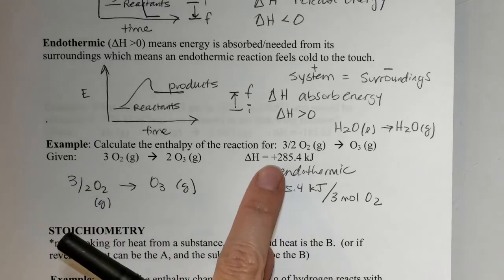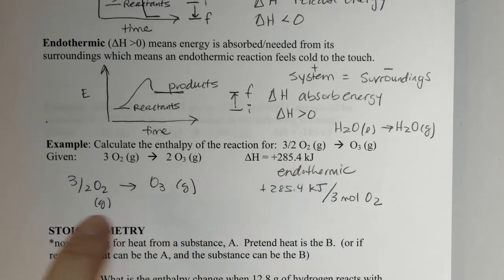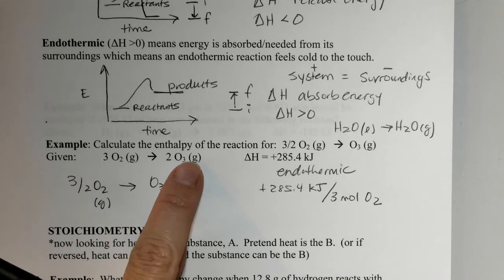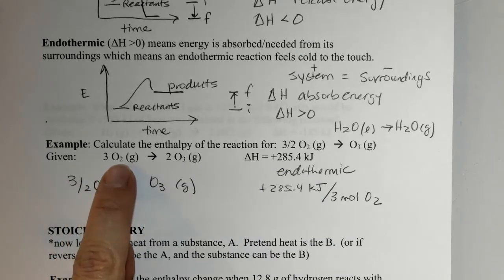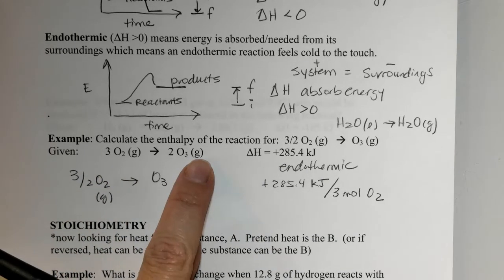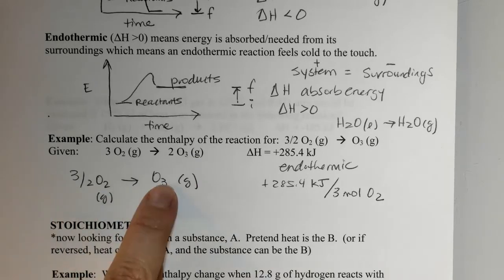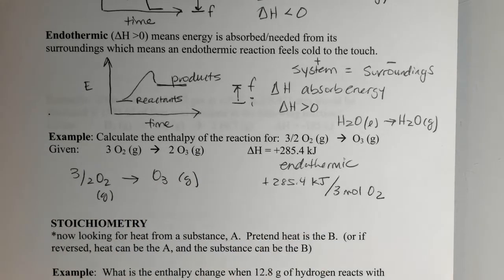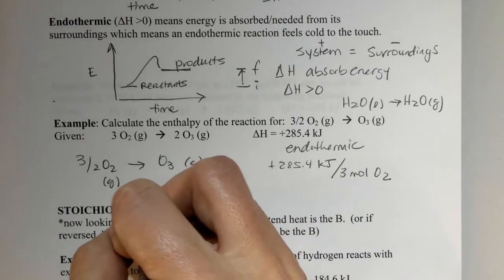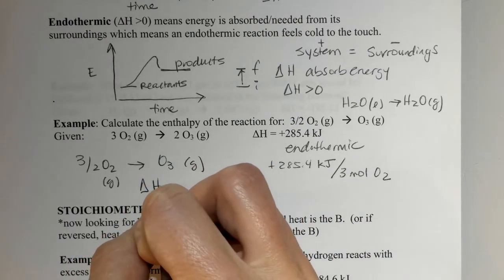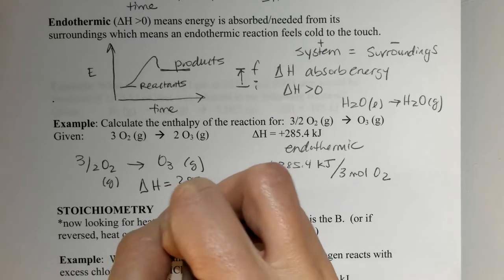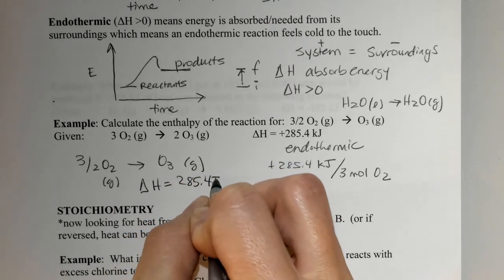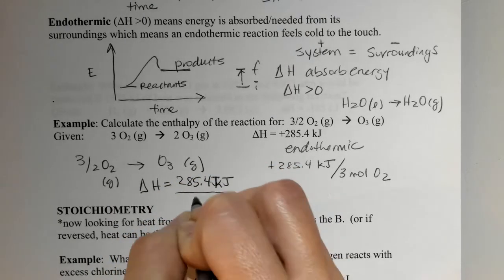So if it takes 285.4 kilojoules for this reaction to occur, for 3 moles of oxygen to turn into 2 moles of ozone, if I'm going to do half that reaction, I'm going to need half that amount of energy. So what I'm going to just do here is the delta H for this reaction would be the 285.4 kilojoules divided by 2.